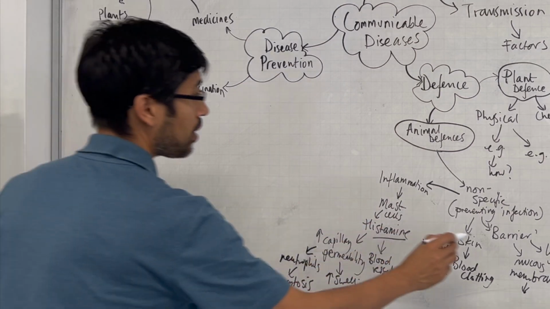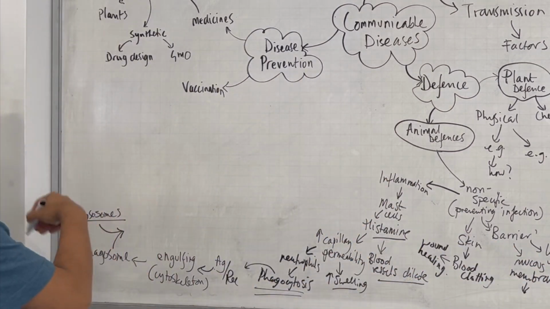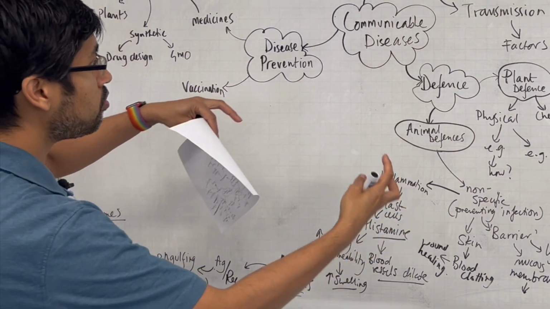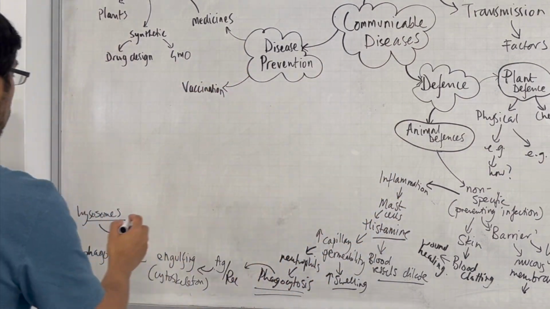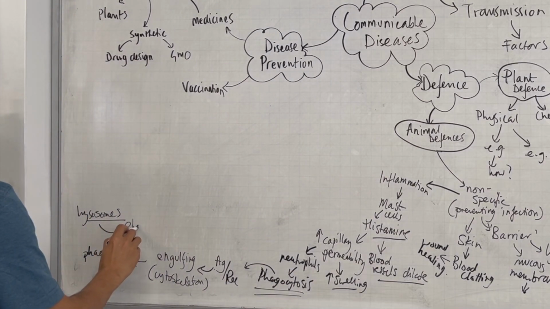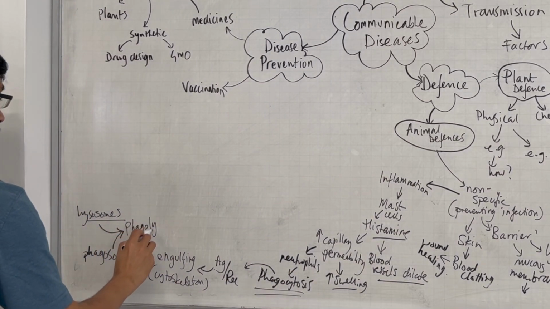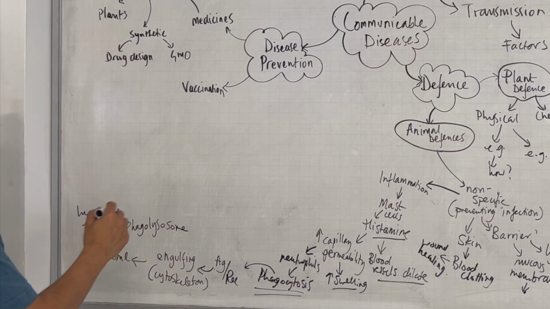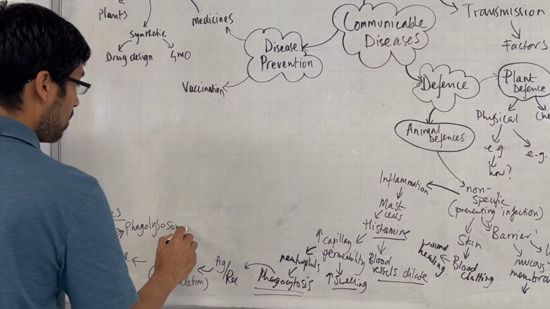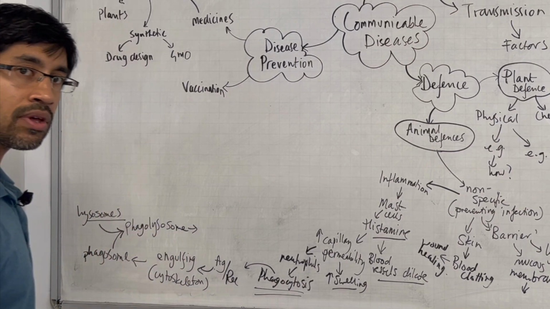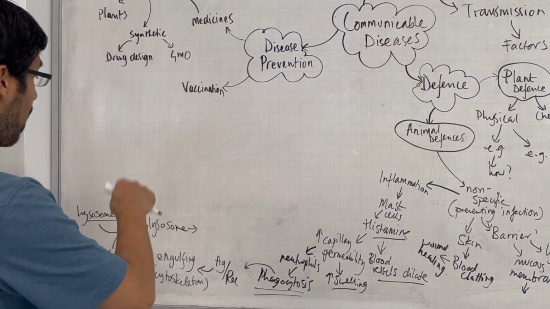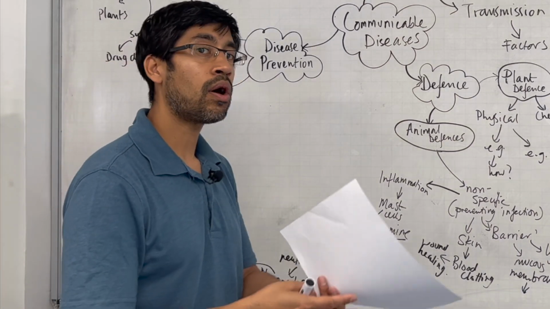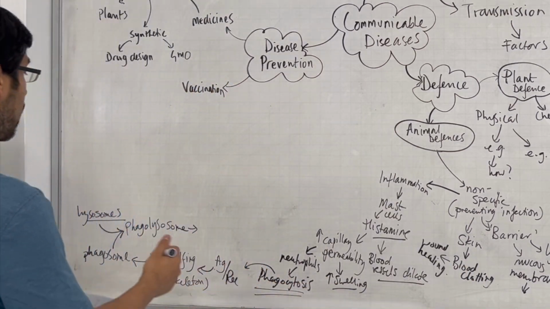Lysosomes, different to lysozymes, are organelles inside the cell that contain hydrolytic enzymes. They fuse with the phagosome, forming a phagolysosome. From the phagolysosome, because of those hydrolytic enzymes, the pathogen is broken down, destroyed. It can't cause infection anymore.